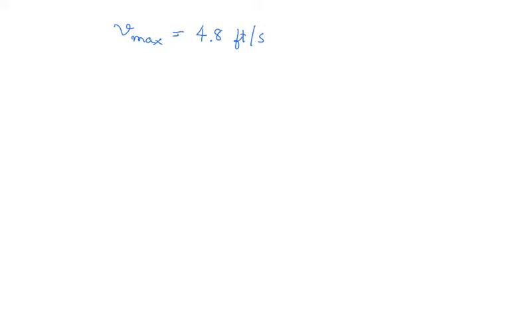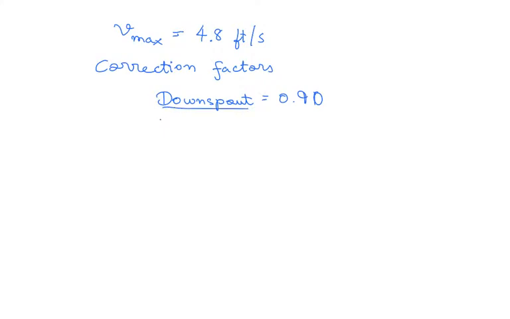Typically, you apply correction factors, and these correction factors are something like this. First, you account for the downspout, using a factor of 0.9.